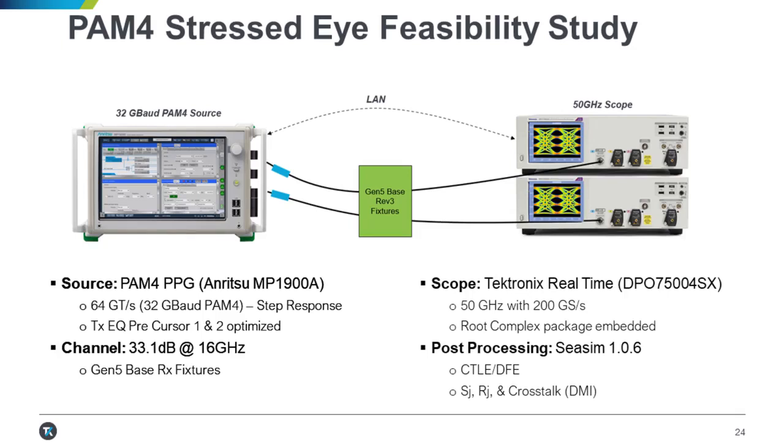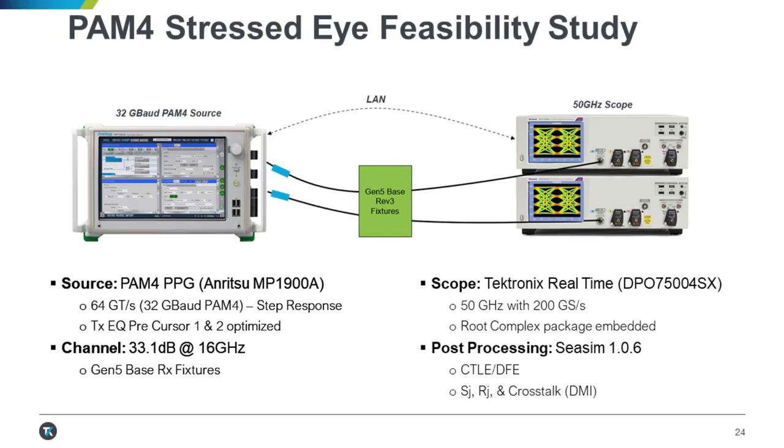Our final channel for this feasibility study was 33.1 dB at 16 gigahertz. That's at the max of the range that's defined. Currently the spec says 30 to 33, although TBD, as this is still open.